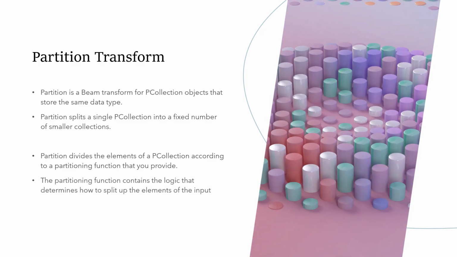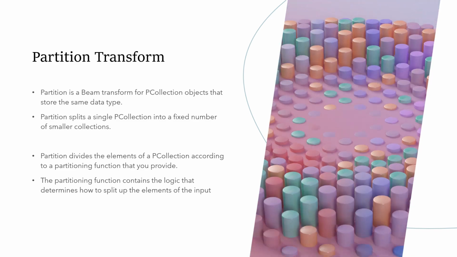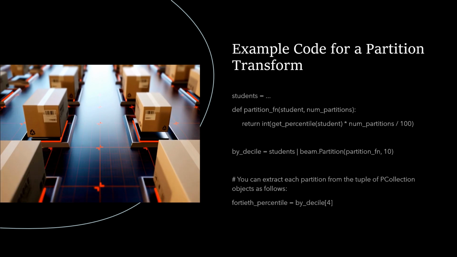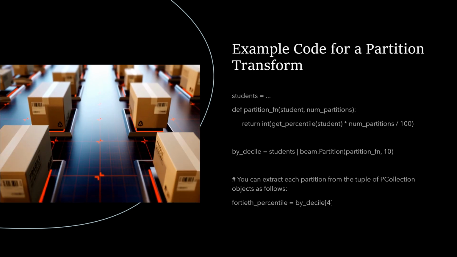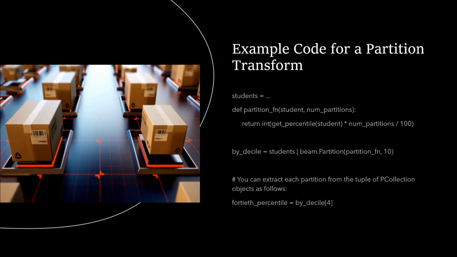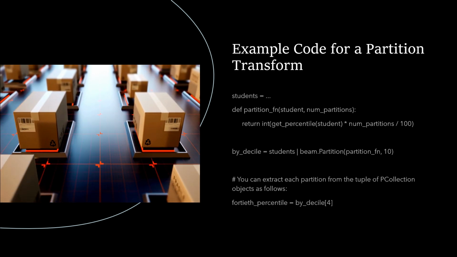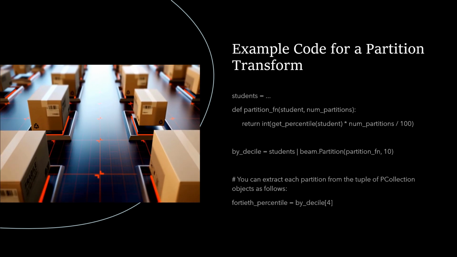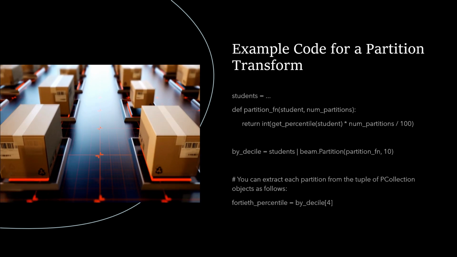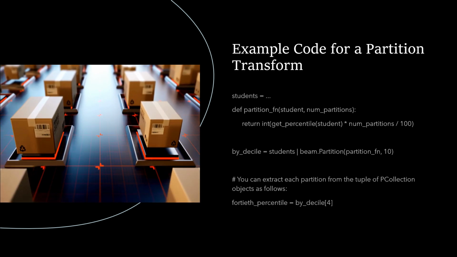The partitioning function contains the logic that determines how to split up the elements of the input. Before we begin, it is useful to note that partitioning accepts a function that receives the number of partitions and returns the index of the desired partition for the element. The number of partitions passed must be a positive integer, and it must return an integer in the range 0 to number of partitions minus 1.